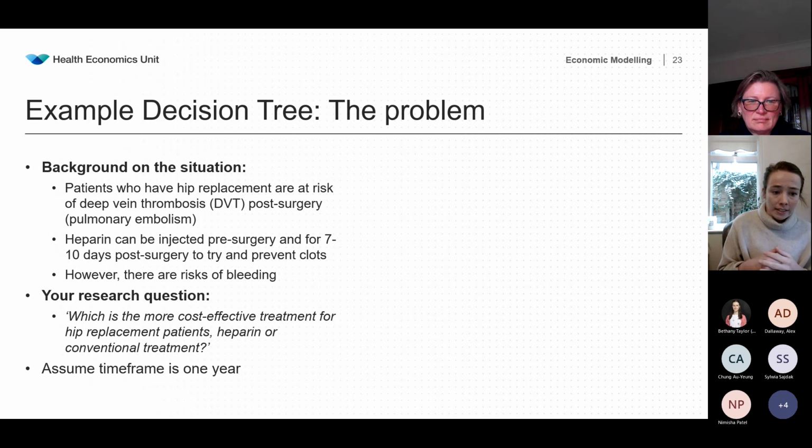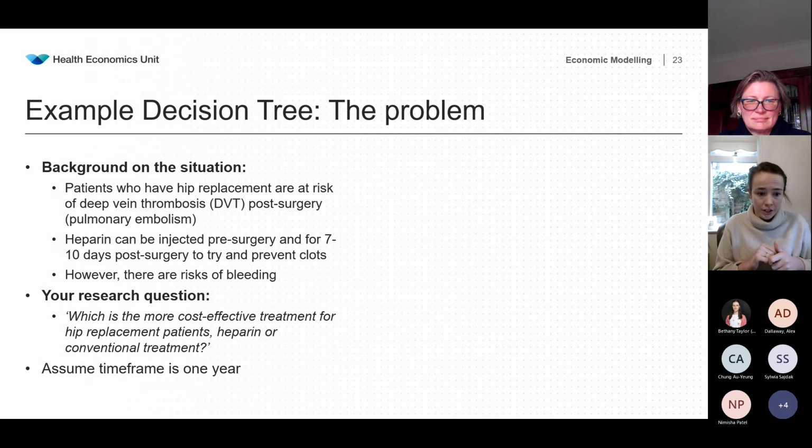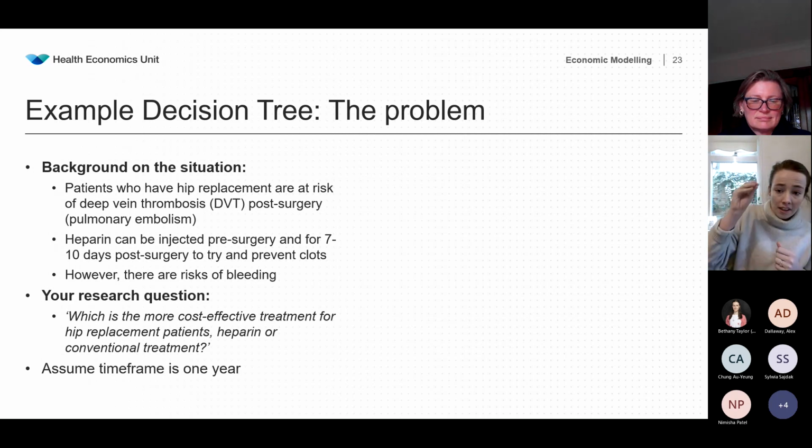So let's consider a situation in which patients with a hip replacement are at risk of DVT post-surgery. It's not important that we know what that is, so I'm not going to go into it. Basically, you have a hip replacement, you either get a DVT or you don't after the surgery. And if you have a DVT, you can either have a bleed or not have a bleed.